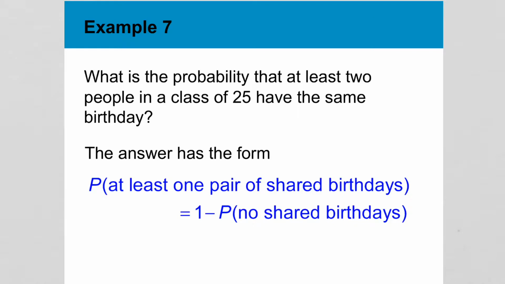So, the answer would be in this form. The probability of at least one pair of shared birthdays would be 1 minus the probability of no shared birthdays. What's the probability of no shared birthdays?